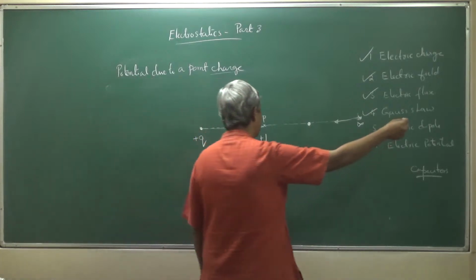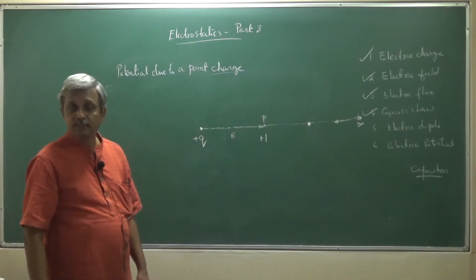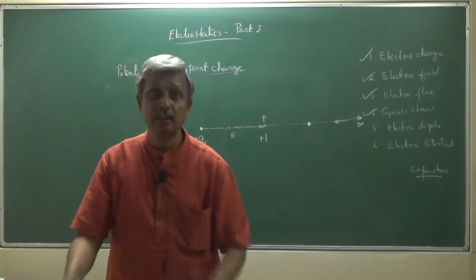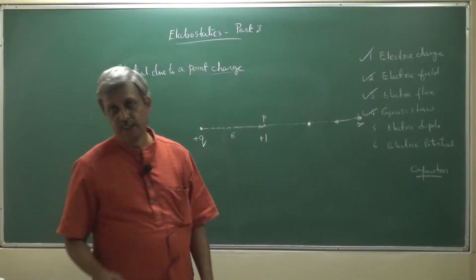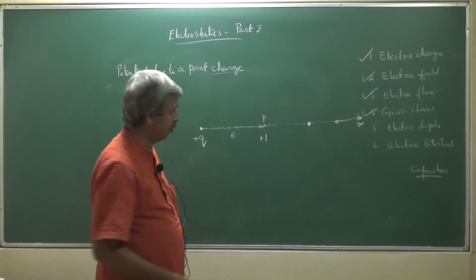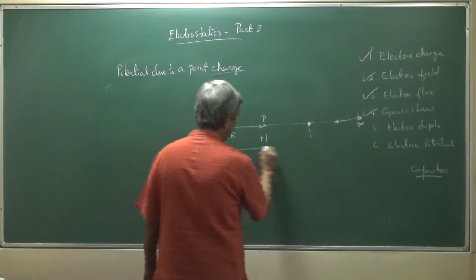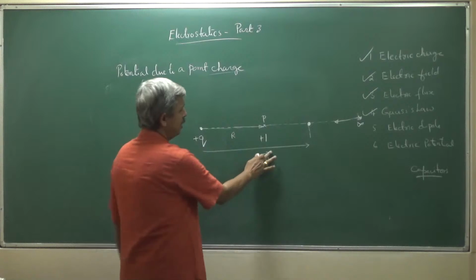We are bringing it very slowly, such that there is no acceleration. If you give acceleration, then the kinetic energy also will increase, and you don't want to increase the kinetic energy. Just come at constant velocity. Now at this point, the distance from the charge is small r.